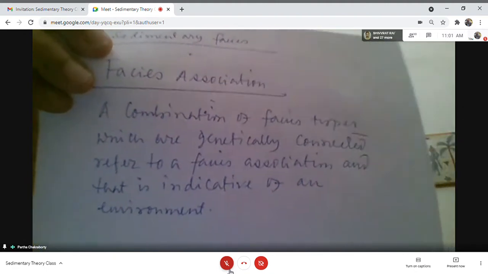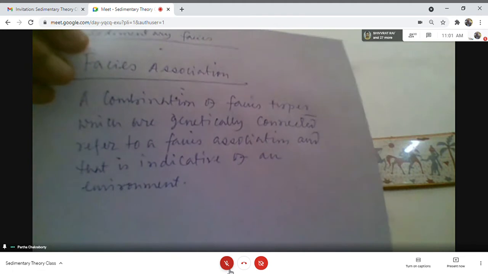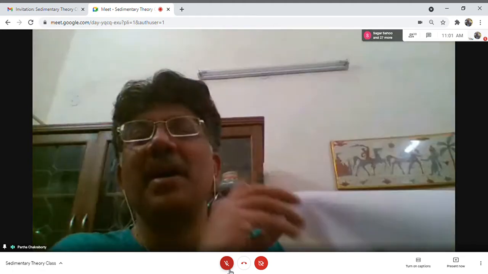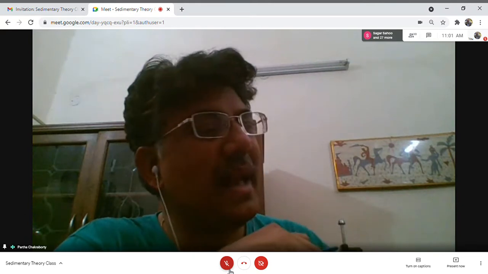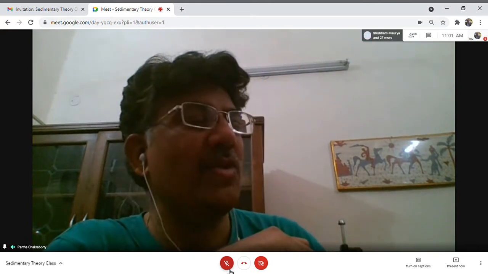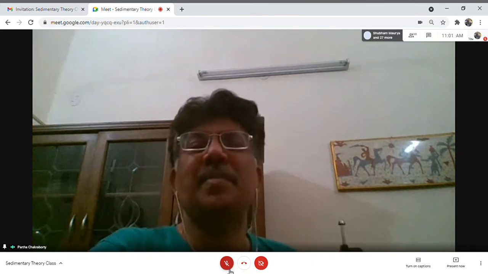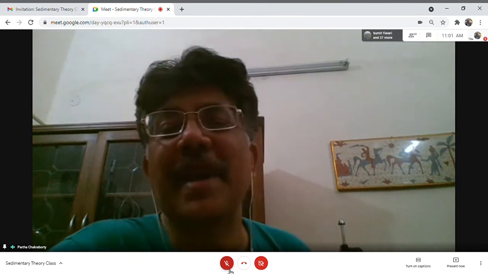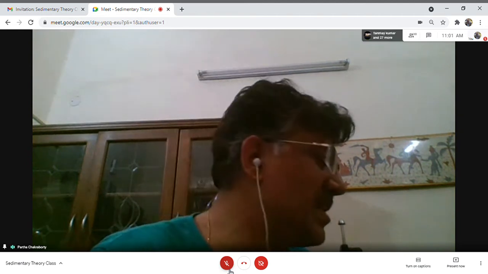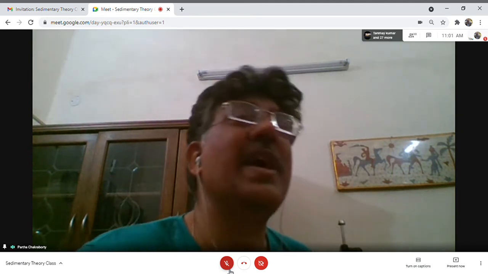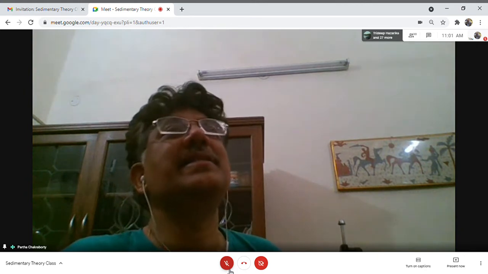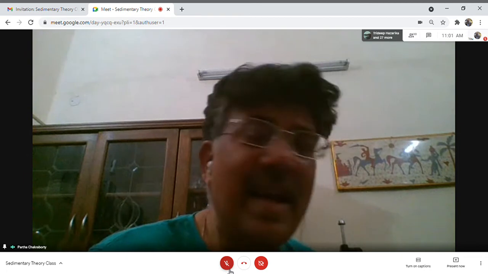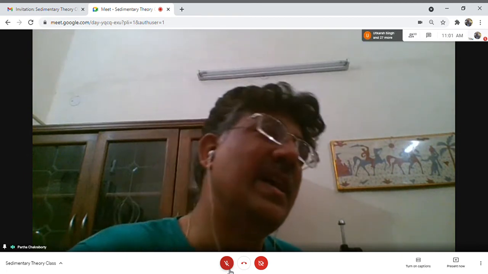A combination of facies types which are genetically connected will tell us about an environment. Now, suppose a pyritiferous black shale is connected with large scale cross-stratified sandstone. Then I say, okay, it is a barrier bar lagoon system. Large scale cross stratification is the barrier bar, and associated with that is the lagoon.